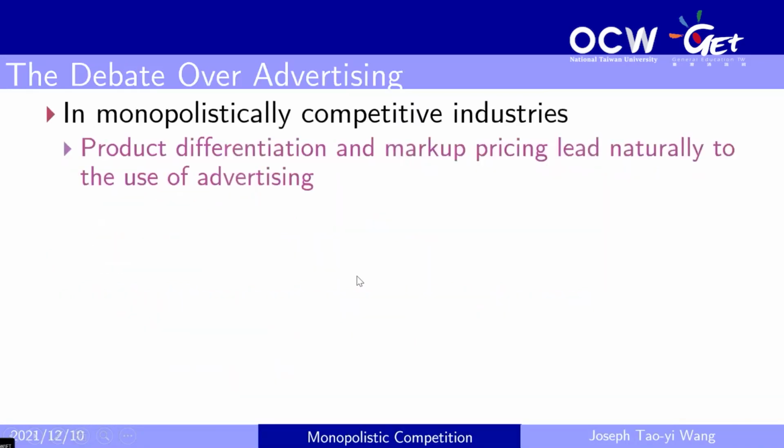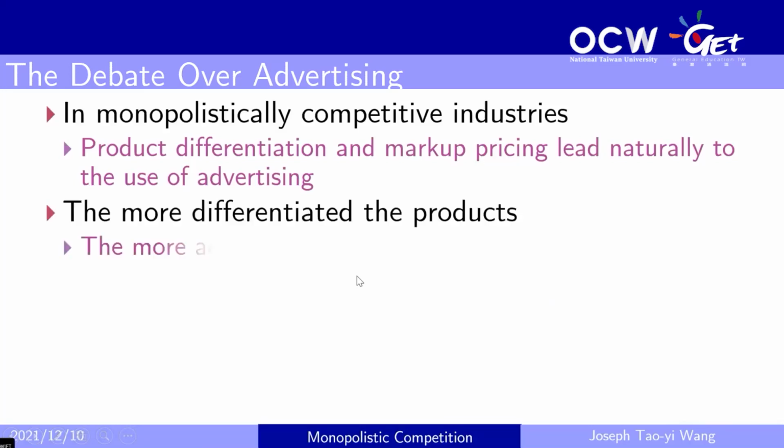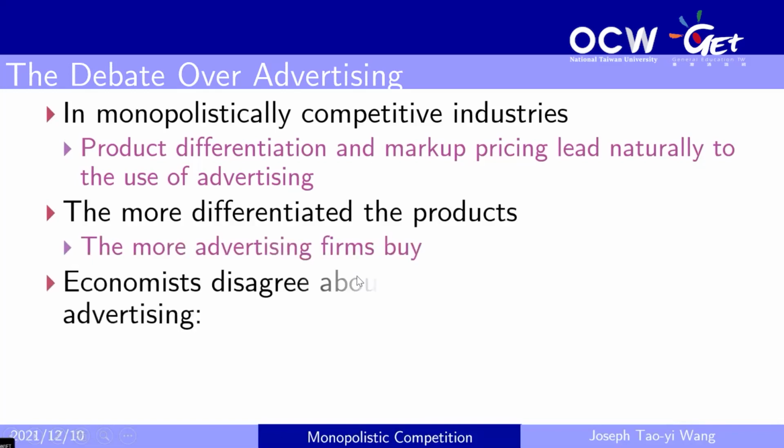Okay, so there is a debate about advertisement, usually because this happens under differentiated products. So you see that, so there are markups, so firms can spend on advertising. And because of differentiated products, they want to distinguish themselves from competitors. So there is incentives for them to advertise. So the more differentiated a product is, the more advertising firms buy.